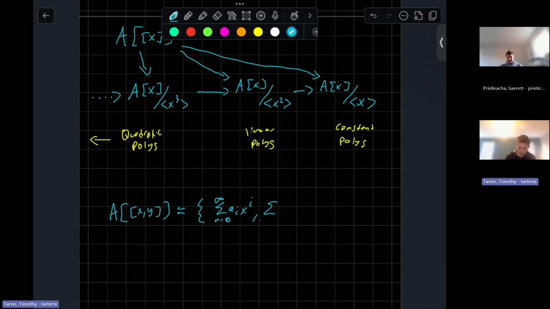And then the sum, oh, these should be n's, a_n x^n, the sum n equals 0 to infinity of b_n y^n, and then the sum n equals 0 to infinity of x^n y^n.